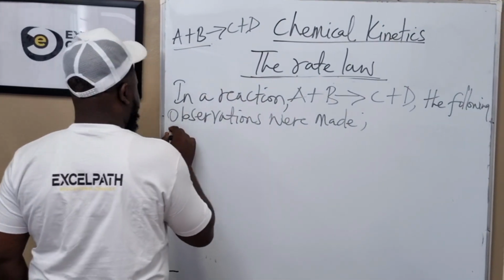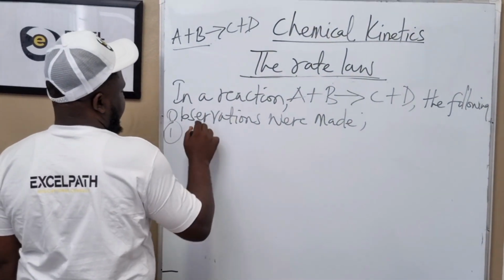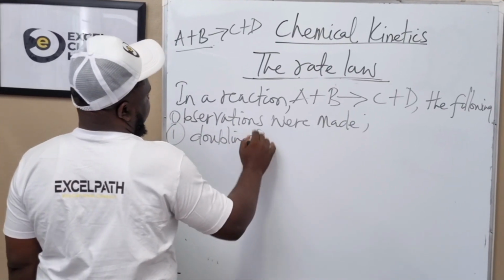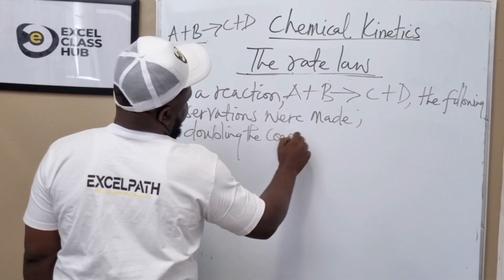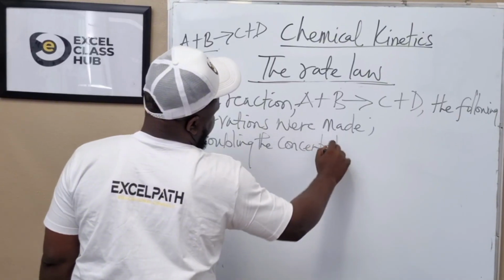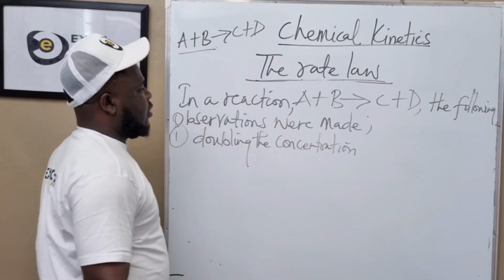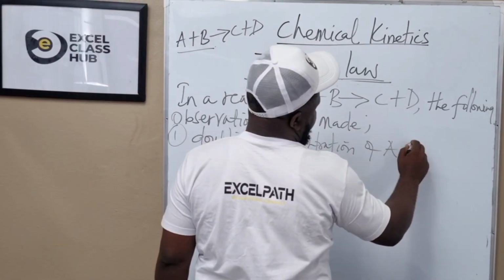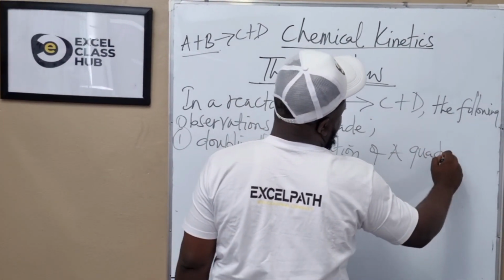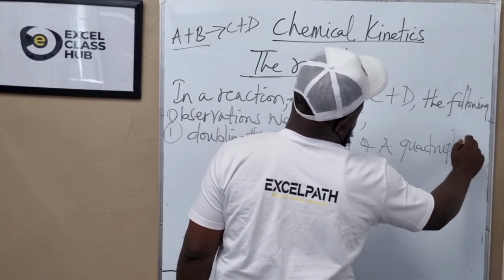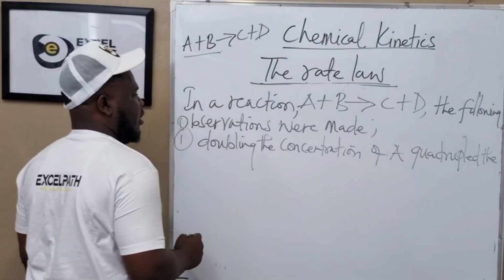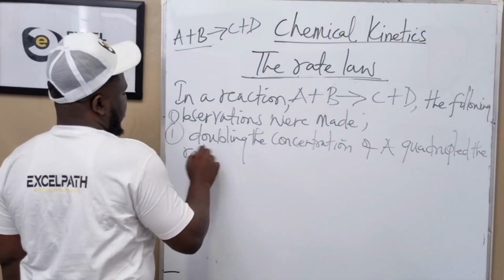For figure 1, doubling the concentration of A quadrupled the rate.